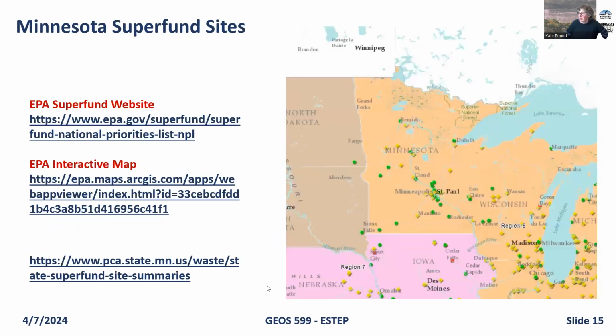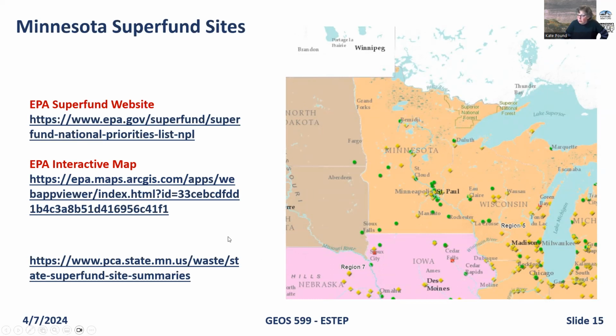So one of the things you may be wondering now is, oh, where are they? What are they? So these are the places to go to find out if there's a Superfund site near you. There's the EPA Superfund website, and then there's the EPA interactive map. And that's where I got this image from.